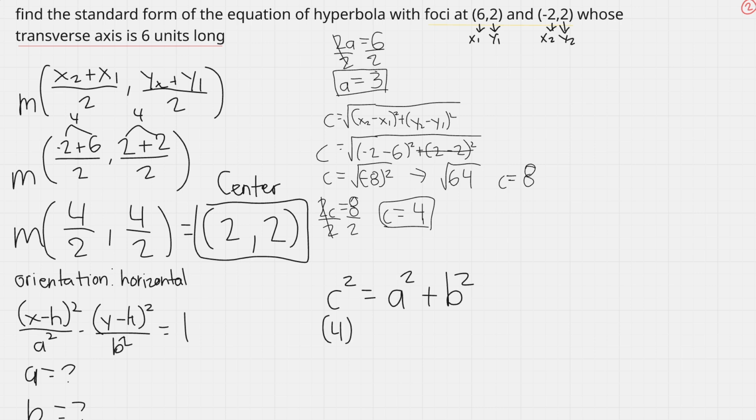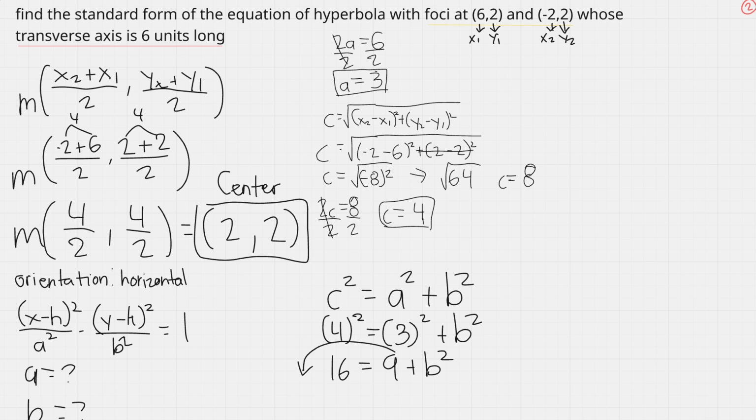We have c, 4 squared, equals our a value, 3 squared, plus b squared. 4 times 4, 16, equals 3 times 3, 9, plus b squared.